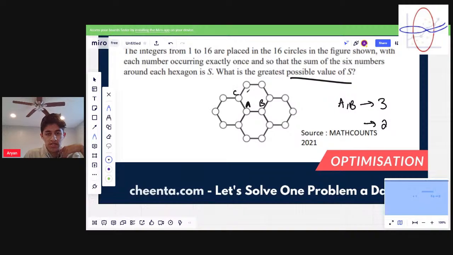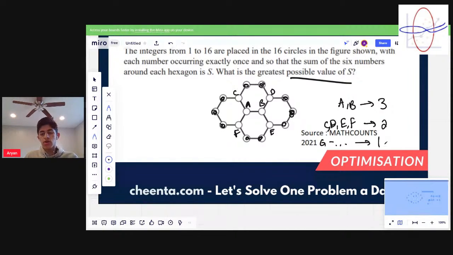I have, let's say, C, D, E, and F. These are counted in 2 hexagons. And then the other 10 points, let's just make sure it's 10: 1, 2, 3, 4, 5, 6, 7, 8, 9, 10. So I have G onwards, and these are all counted once.